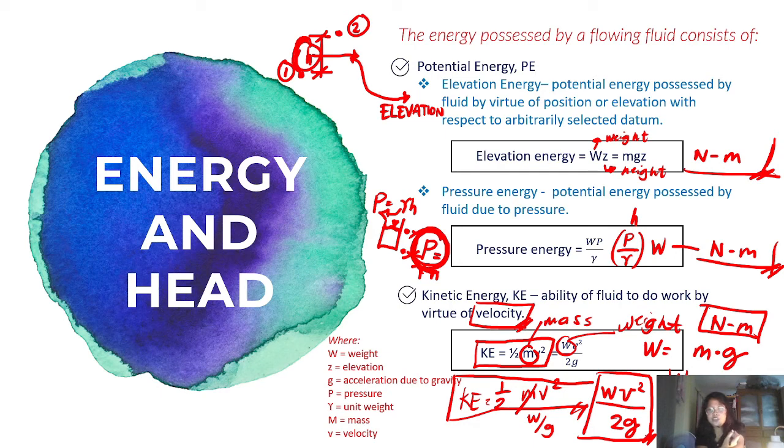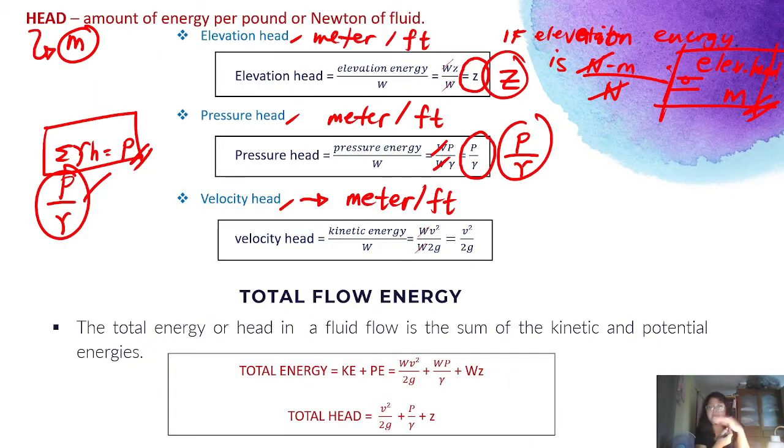So, velocity is WV squared over 2g. Now, dividing both terms by W, magka-cancel out lang naman. So, the final unit is in terms of V squared over 2g. Yeah. So, take note of these 3. Si Z, si P over gamma, saka si velocity squared over 2G.